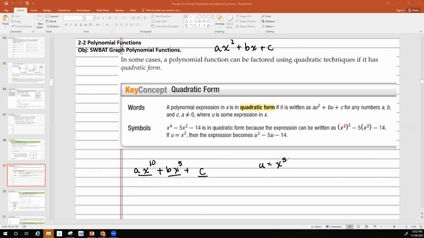So if you think of u as x to the 5th, then this is actually a times u squared, because 10 is 5 times 2, plus b, and instead of x to the 5th, x to the 5th is, remember, just u, plus c.